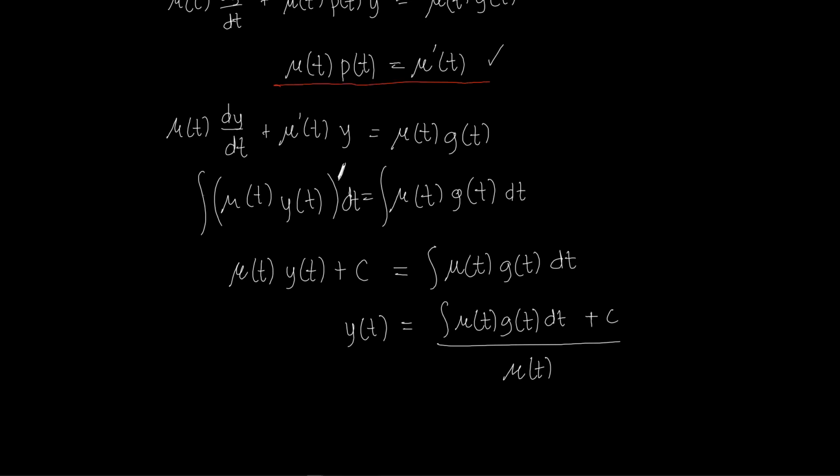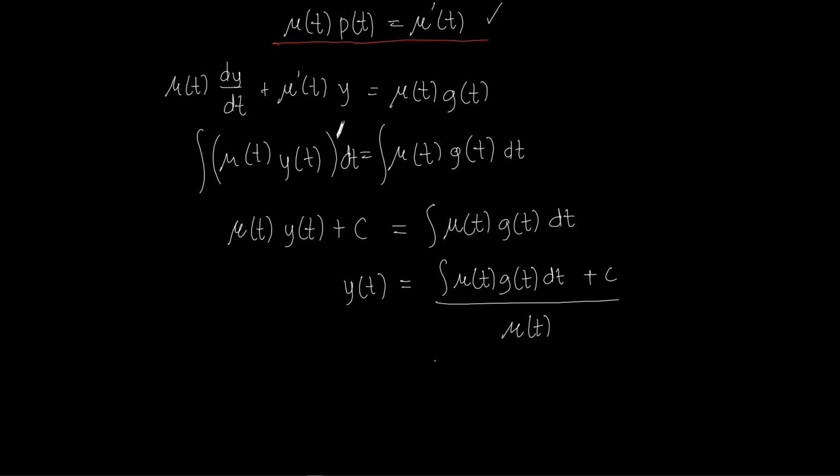From that, we can isolate p of t. p of t is equal to mu prime of t all over mu of t.